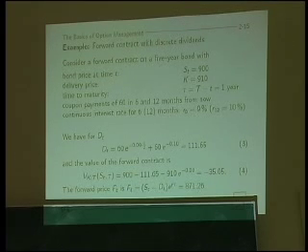So we have 2 payments, 2 dividend payments, D1. We have interest rates. 2 interest rates. So you see here, interest rate is not constant.